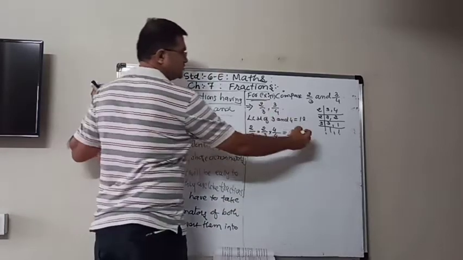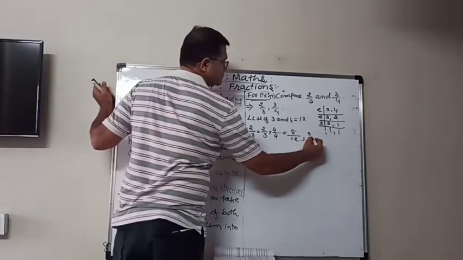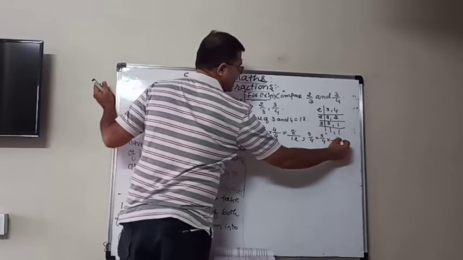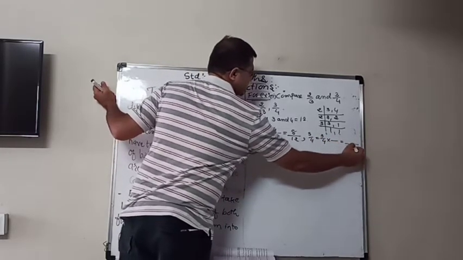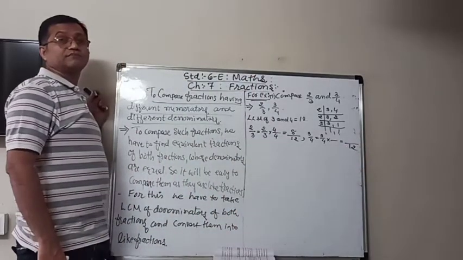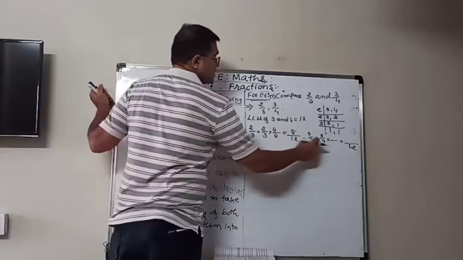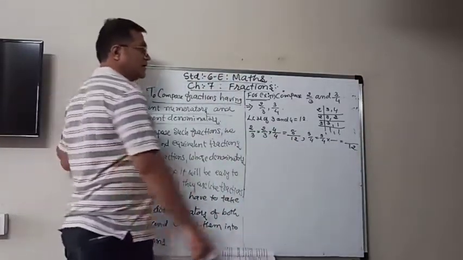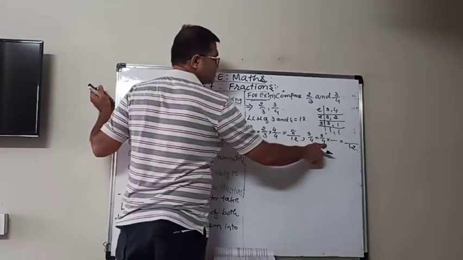Similarly, the other one, 3 upon 4. Now 3 upon 4 also must be multiplied by something such that its denominator will be 12, and then we will be able to compare them. Here the denominator is 4.